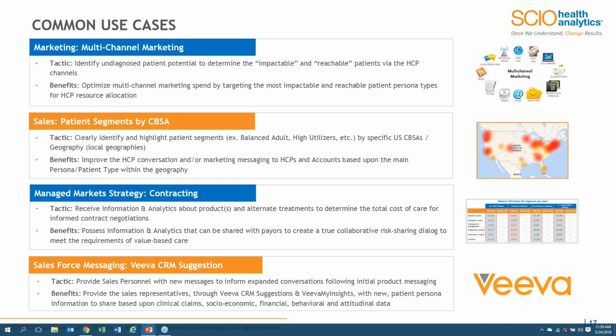How do you paint that picture for market expansion to that IDN at the highest level so that they understand, for lack of a better word, what care pathways are driving up or down care costs, and how does that play into the promotion of that particular drug by that manufacturer? Does it contribute a high, medium, or low? What do the dollars look like? What does the patient look like?